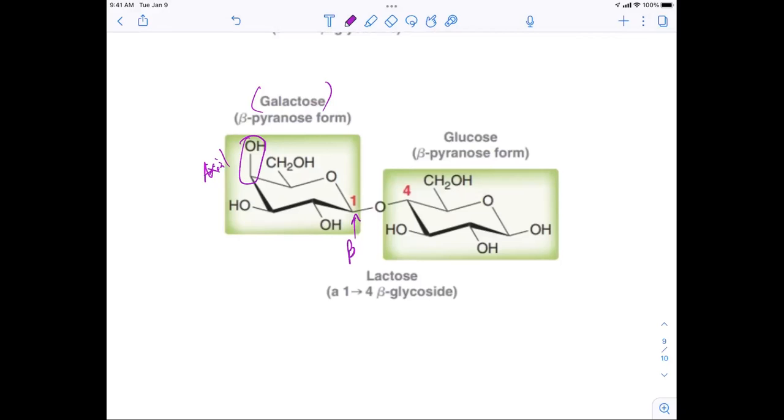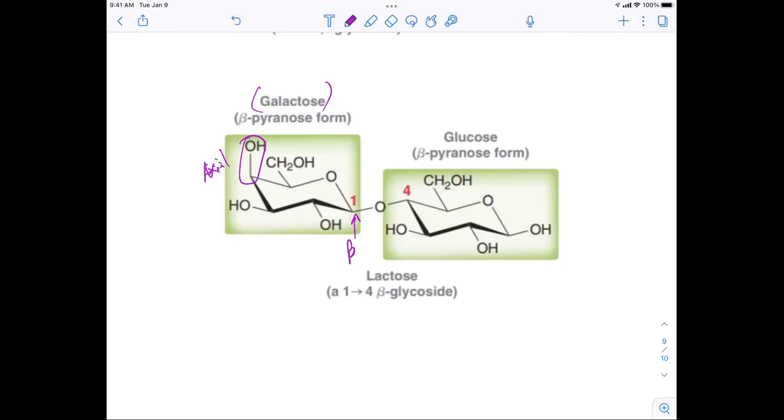Yes, right. And so your beta linkages are going to be harder to hydrolyze because of the steric hindrance between the two. So they're more stable, right? So they're lower energy. And then they have a steric hindrance to getting a nucleophile attack, where the alpha is a higher energy, right?